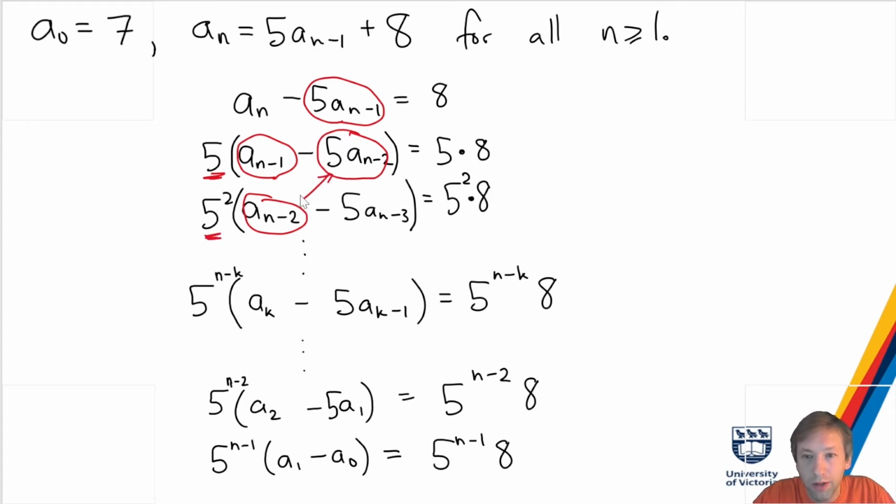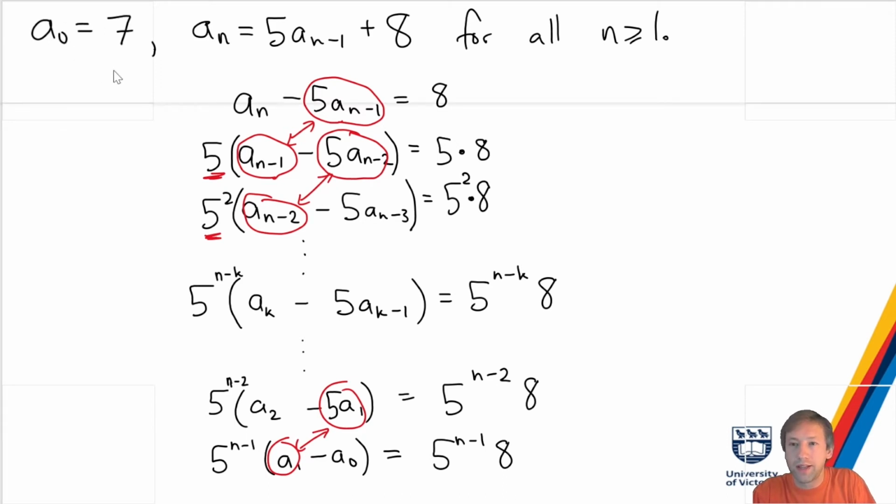So all of these cross terms cancel out. At the end of the day, all that's left over is, so you have to remember this, I've got my 5 to the n minus 1 a0, I've got my an, and I've got to sum the right hand side as well.